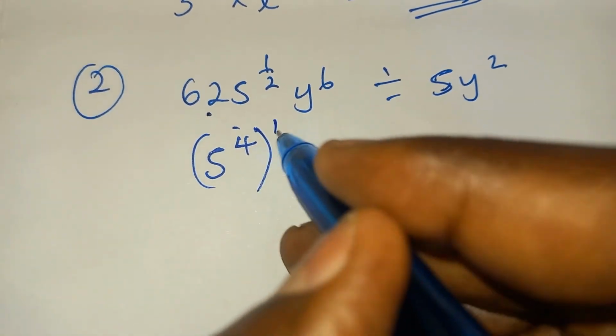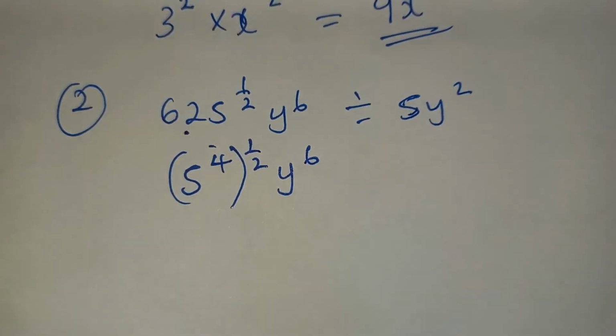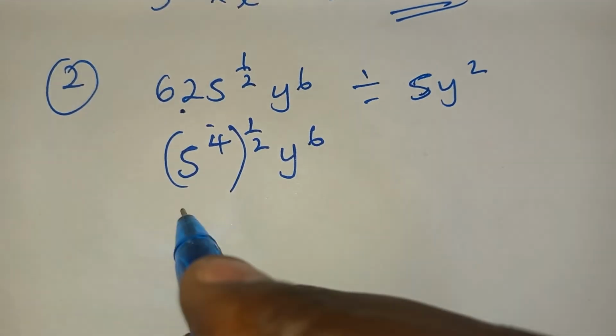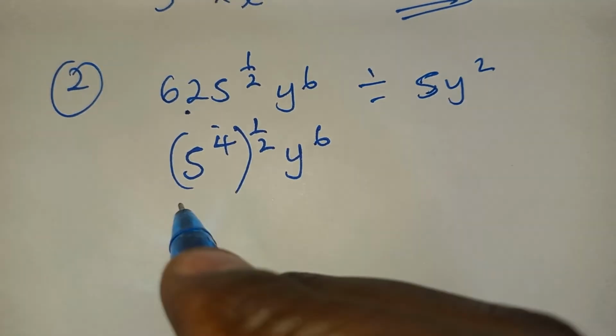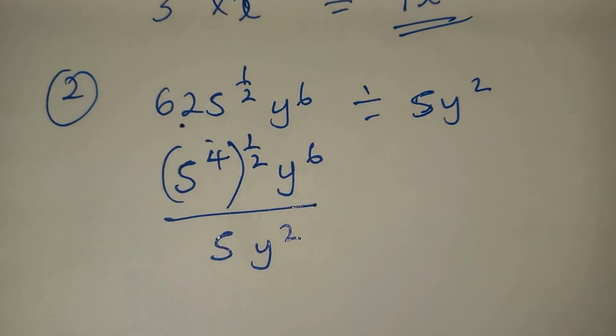And then remember, we still have our half outside, and y, of course, is raised to the power 6. And remember, because it is division, we can divide this by 5y squared.